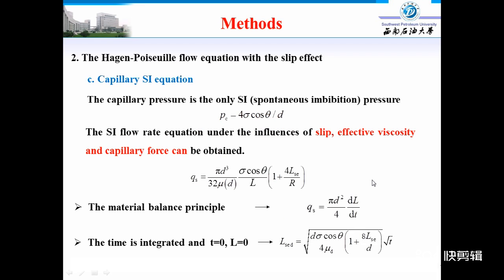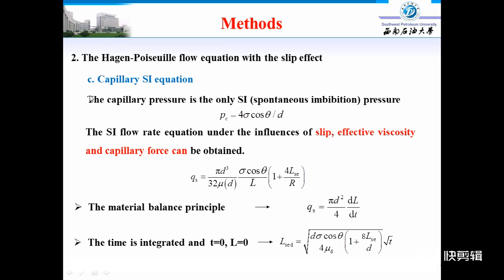Based on the Laplace equation, the capillary pressure can be obtained, just like this. Then the capillary flow rate considering the slip effect and the effective viscosity is gained.